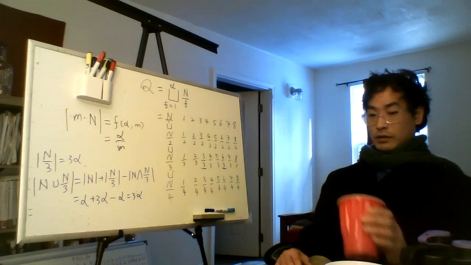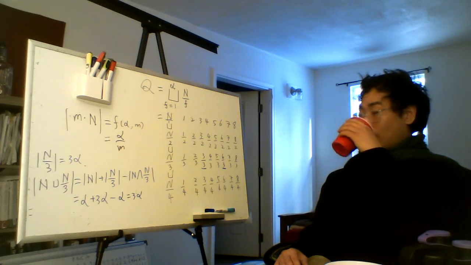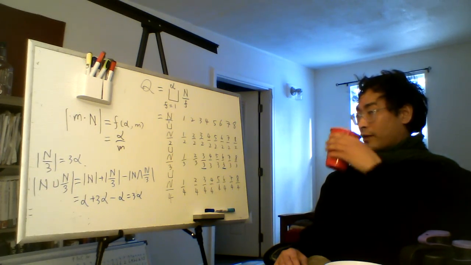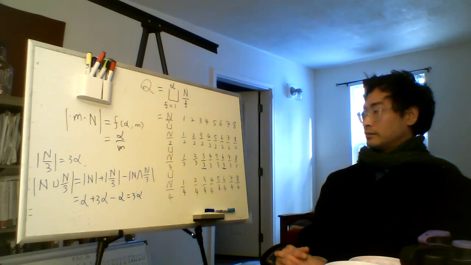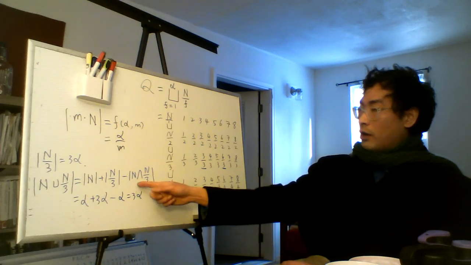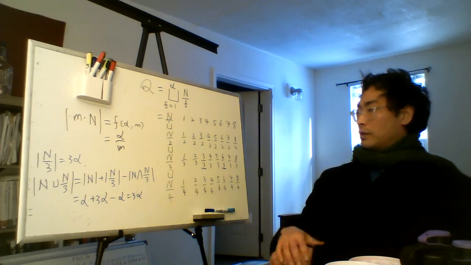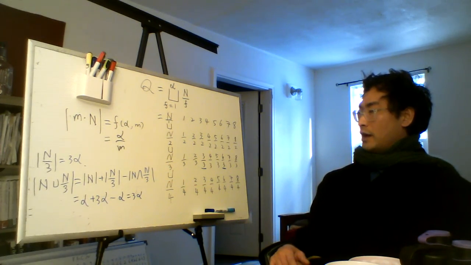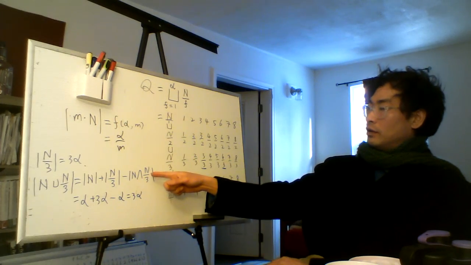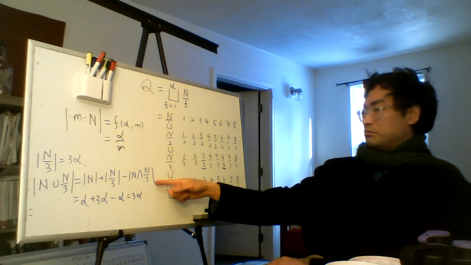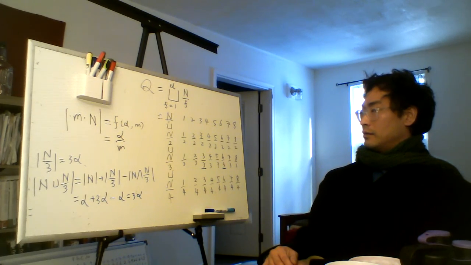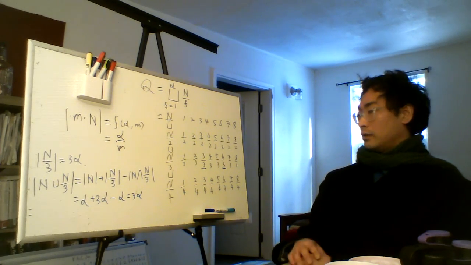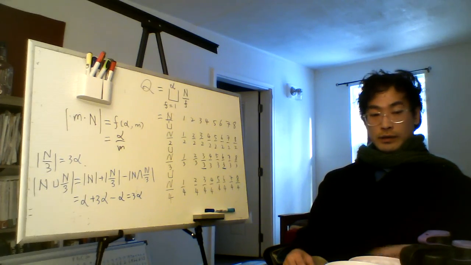Well, it looks like there's some absorption rule here. Yeah, n intersection n over f is equal to n. It should be, right?